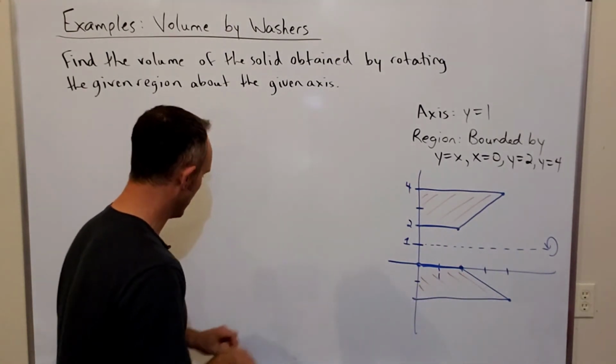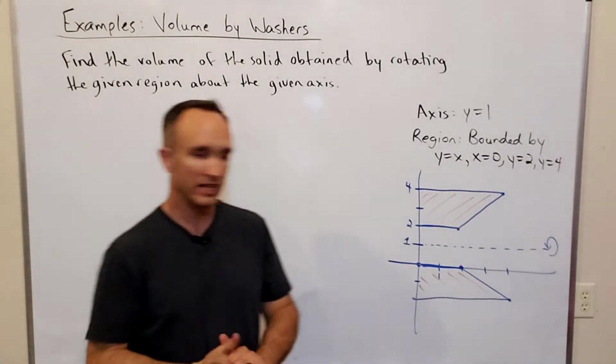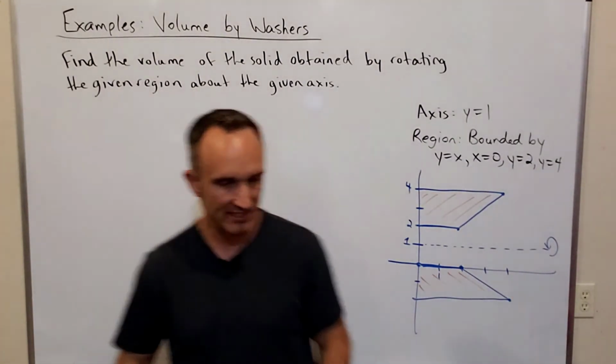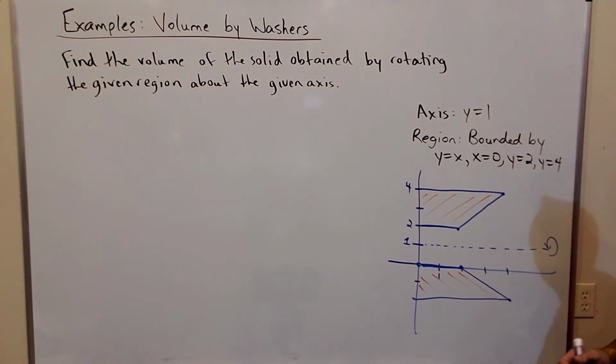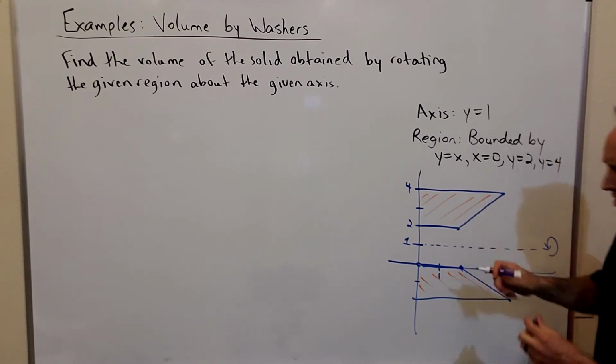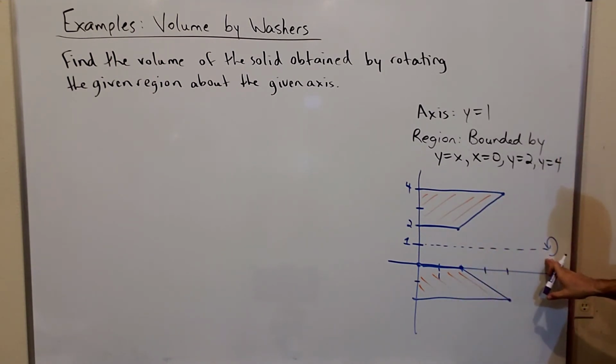So now I need to construct a washer and see what happens. Now, this example is interesting in a couple different ways. First of all, we're not rotating about the x-axis or the y-axis. We have 4 lines creating our region also. The other thing that's really interesting is when I start to slice this, I need to slice it perpendicular to my axis of rotation.